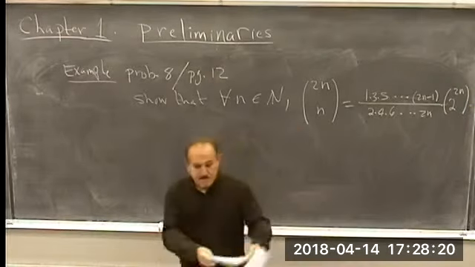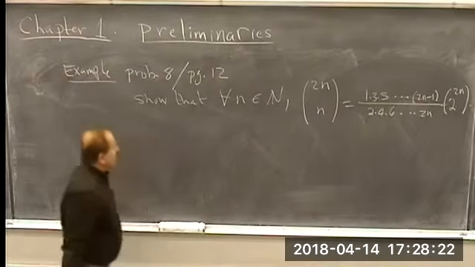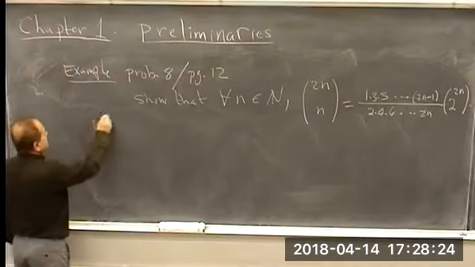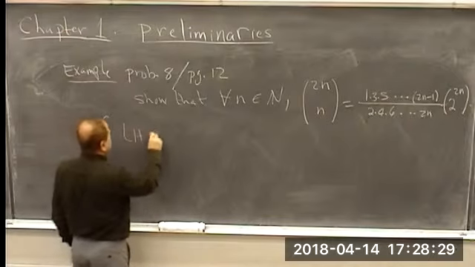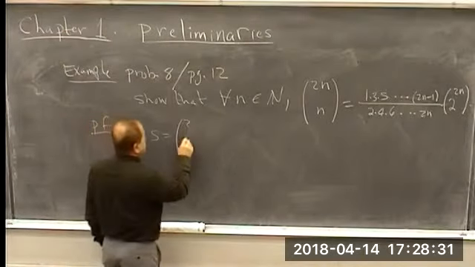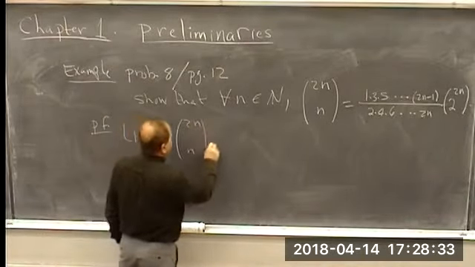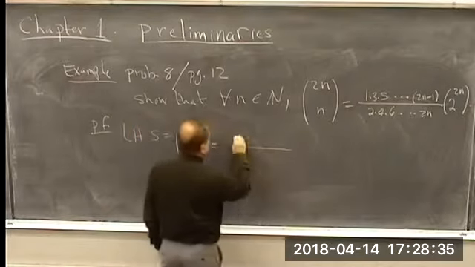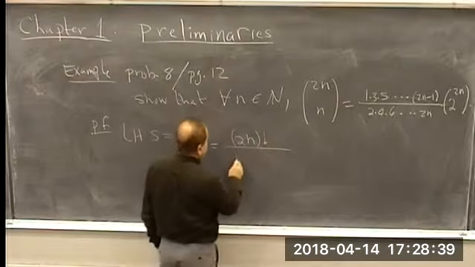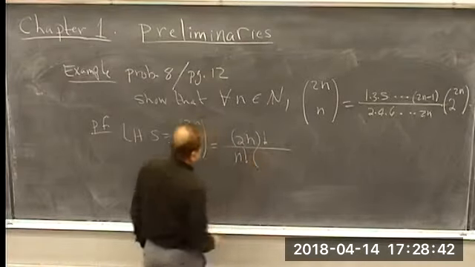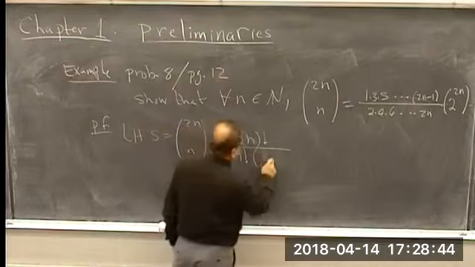All right, let's go and prove this. Looking at the left-hand side, so this is going to be 2n factorial over n factorial, then the difference between these, which is n factorial.